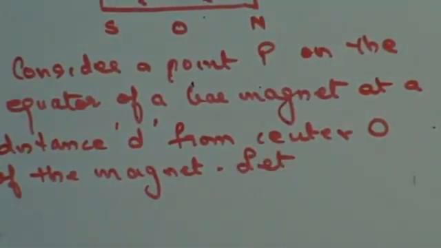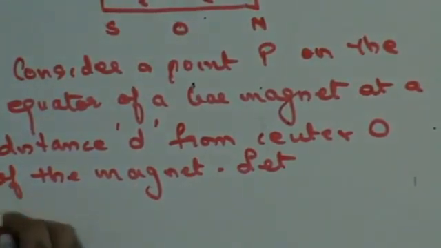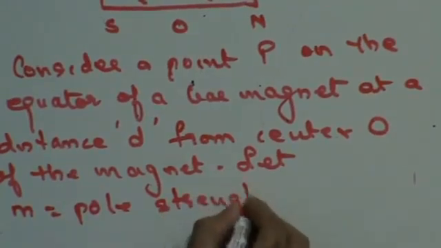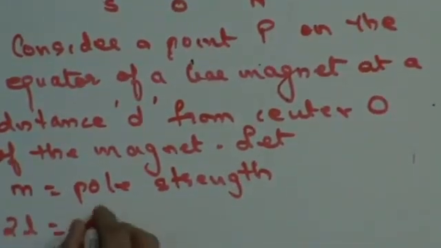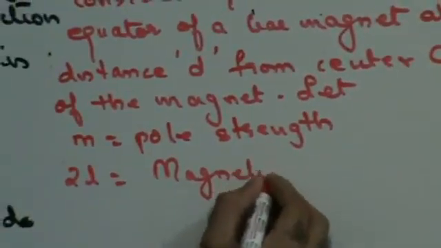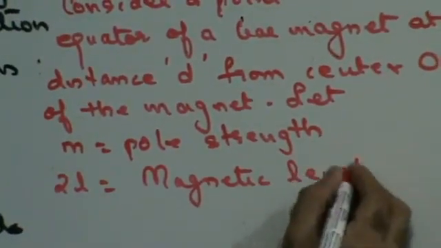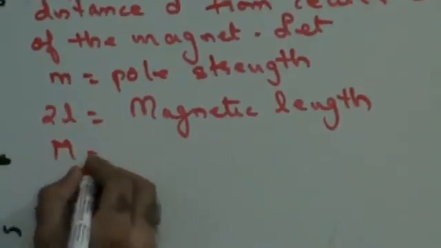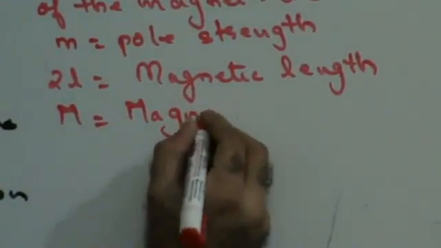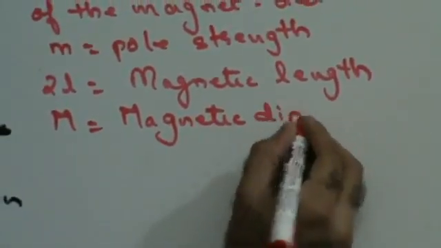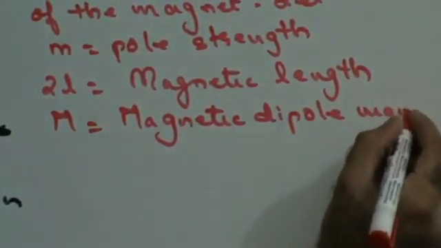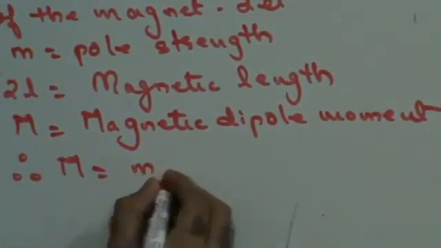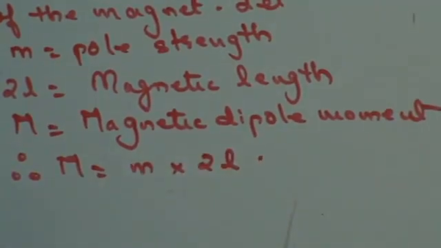Let us assume that m be the pole strength, 2L will be the magnetic length, and capital M be the magnetic dipole moment. Therefore, I can say that magnetic dipole moment is pole strength into magnetic length.